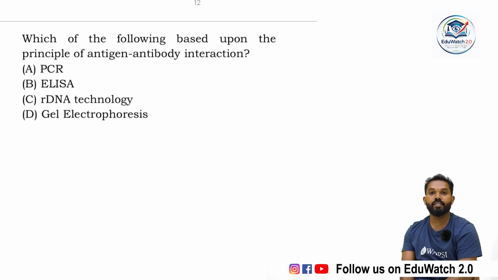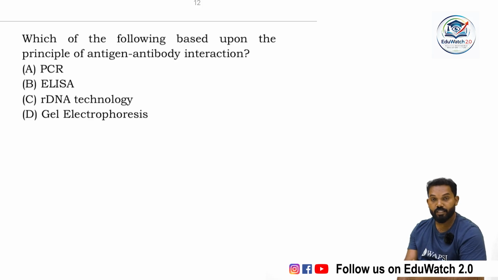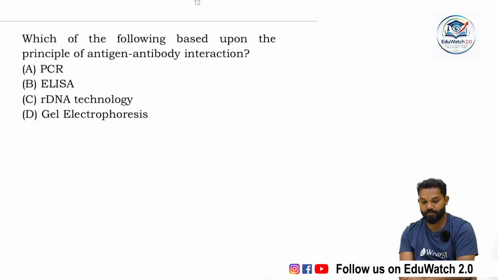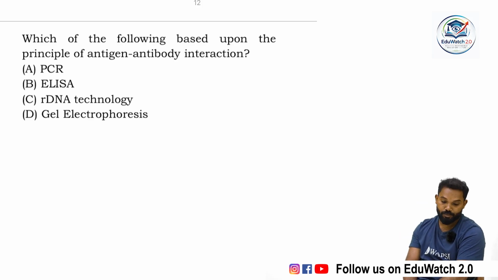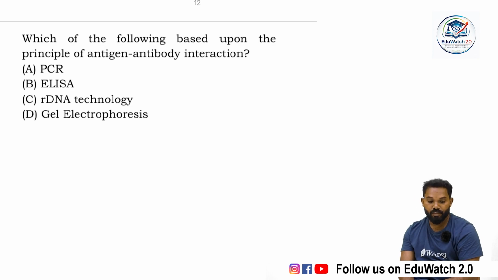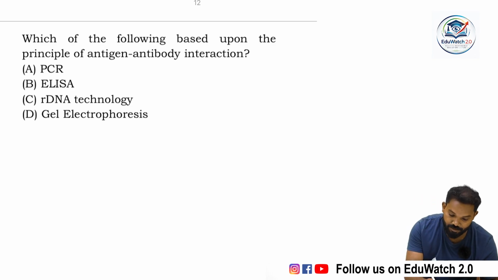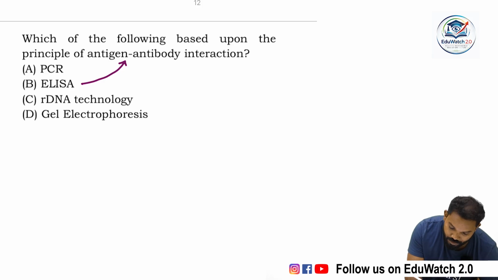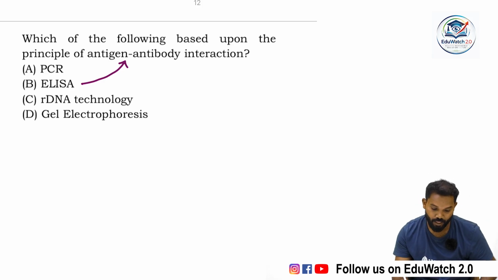PCR, polymerase chain reaction, is a gene amplification method. It's not related to antigen antibody. The ELISA test is used for the determination of AIDS. That ELISA is based on the antigen antibody interaction.